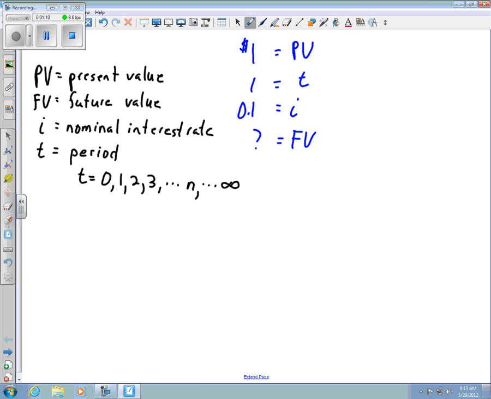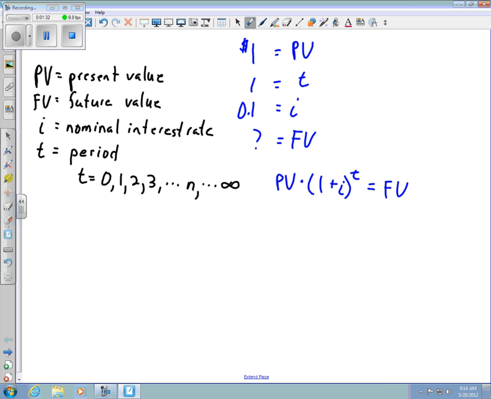And we want to find the future value. It's actually pretty direct. The present value times 1 plus the interest rate, you're going to get your initial deposit back, at some time t in the future is equal to the future value.